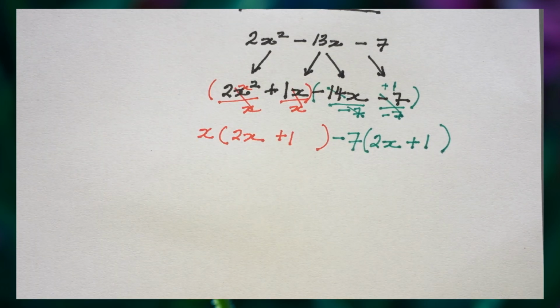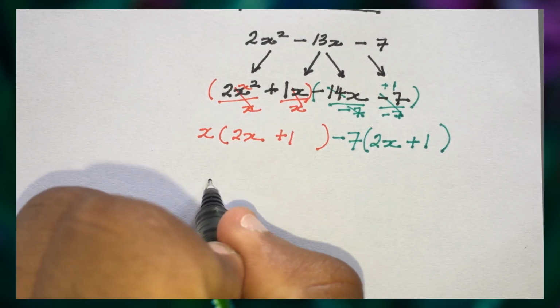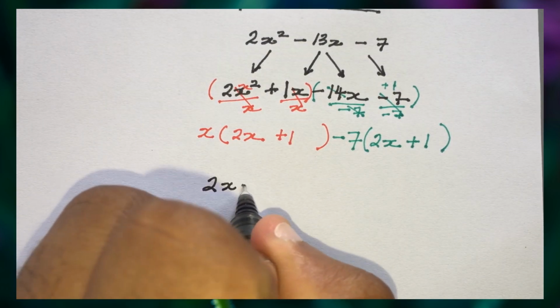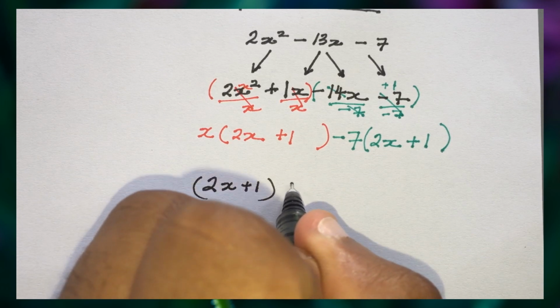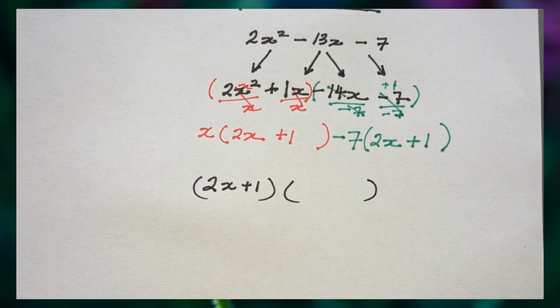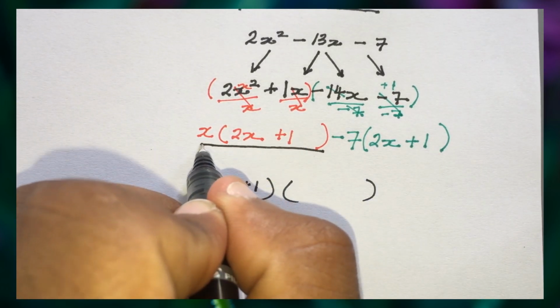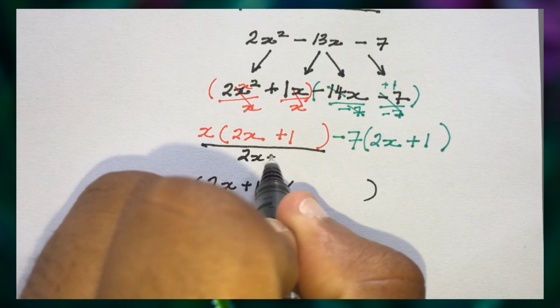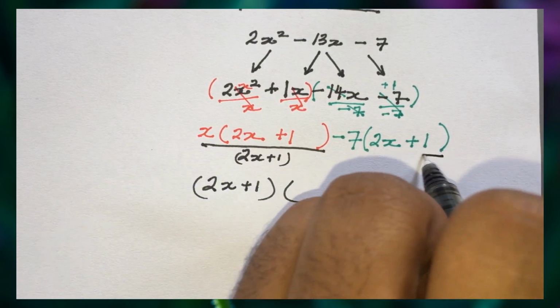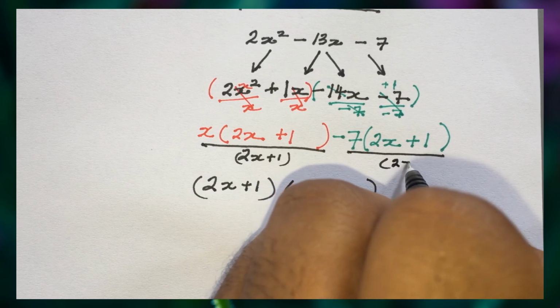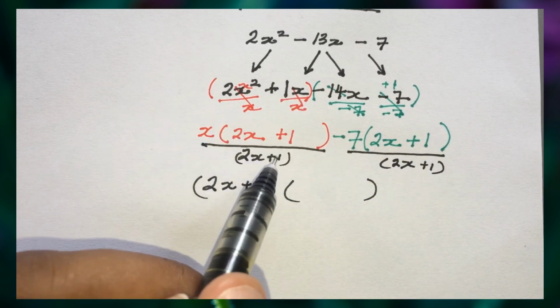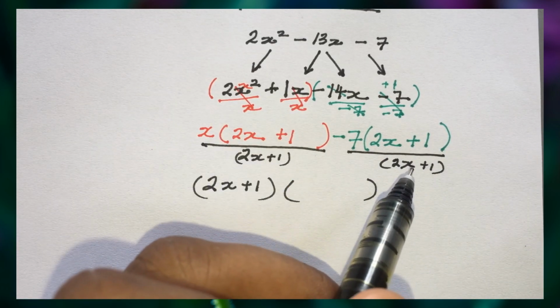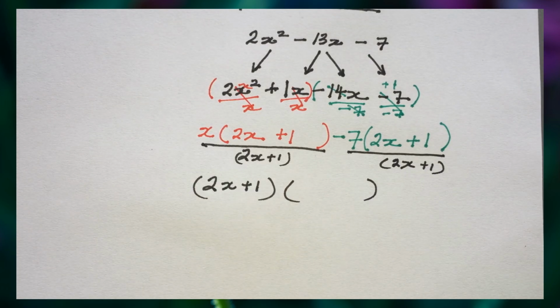So I can factorize those two brackets. I'm going to put out 2x plus 1 in a bracket and create a new bracket for the remainder. I'm going to divide this part by the bracket 2x plus 1 and this part by the same bracket 2x plus 1. Notice whatever is down here is whatever is down here because I'm dividing by what is common.